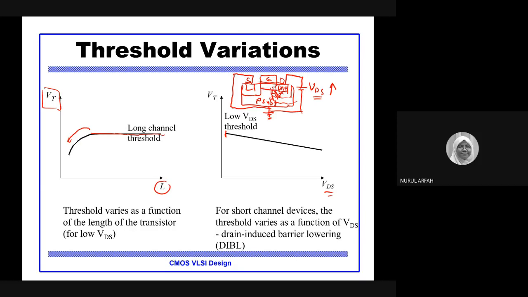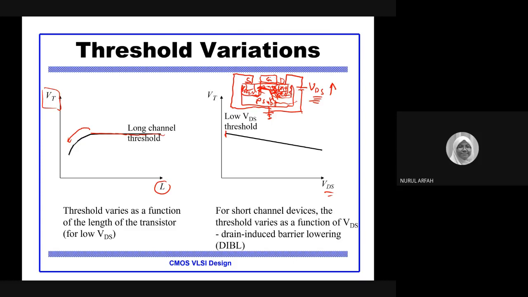But because the length between source and drain is small, when the VDS gets higher and higher, the depletion region of the drain side will expand until here. So you will observe something like a channel here from source to drain.